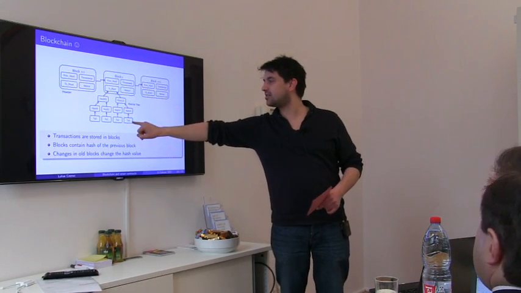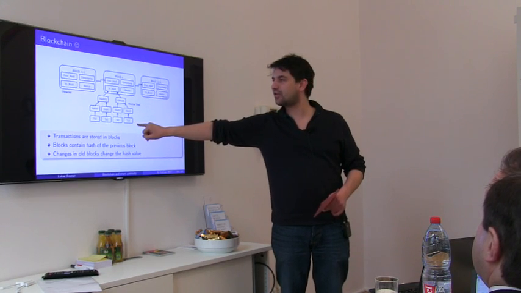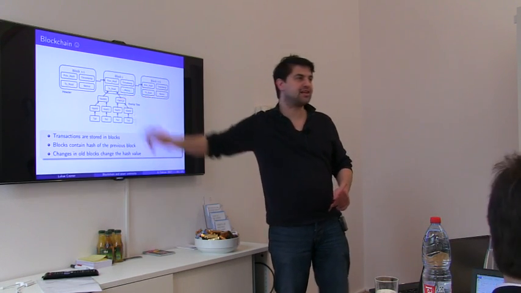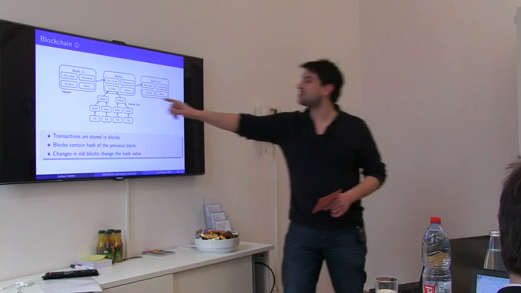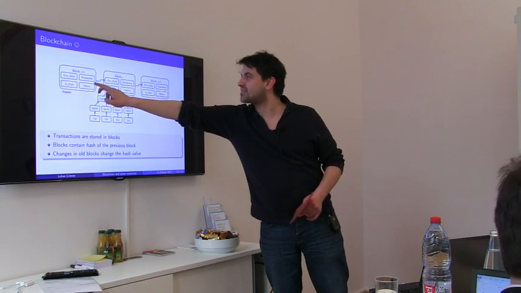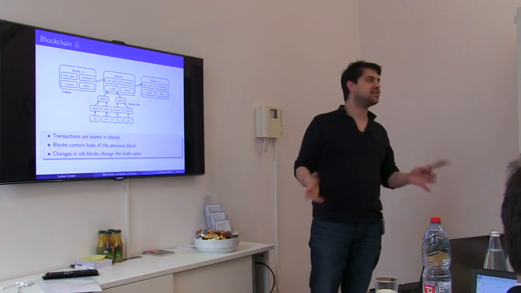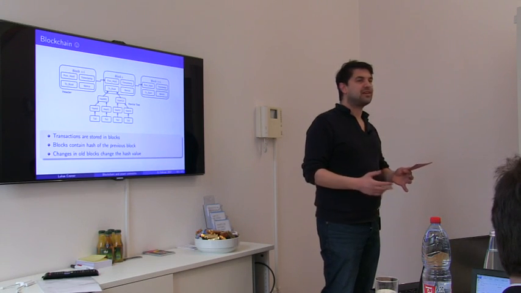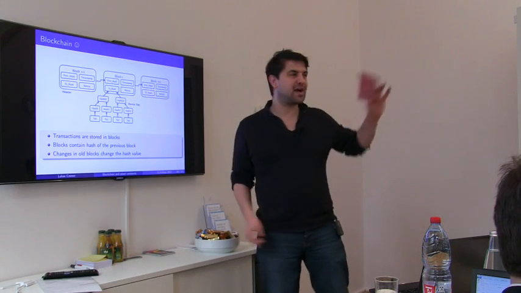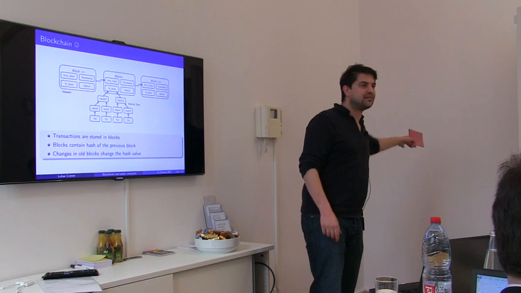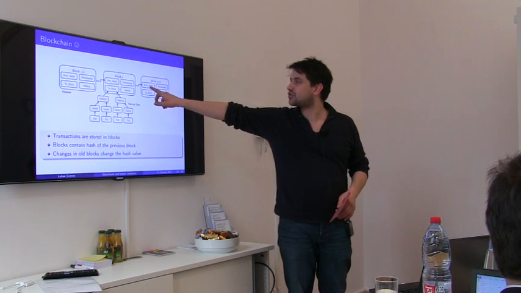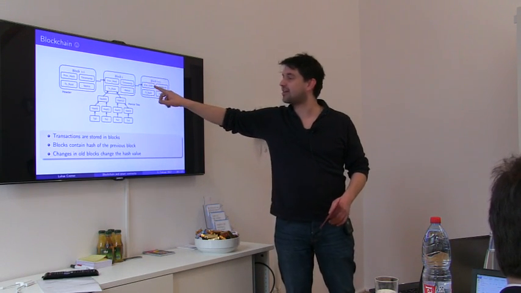If you change one tiny thing in one of the transactions, this number changes, and because every block has the hash of the previous block in it, if you change something way back, a tiny thing, it changes the hash in this block and in this block, and therefore in this block.